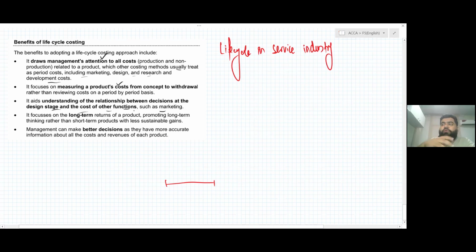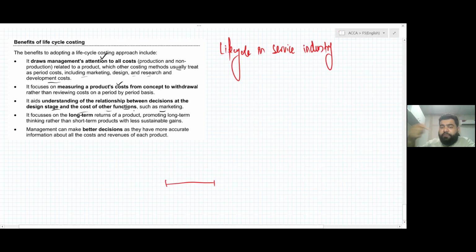Basically, when you are focusing on all the cost at once and from start to end, you will take good decisions. You know at what selling price we have to sell. You know the average cost of the unit, for example, 0.975, as we have discussed. So it helps you take better decisions.